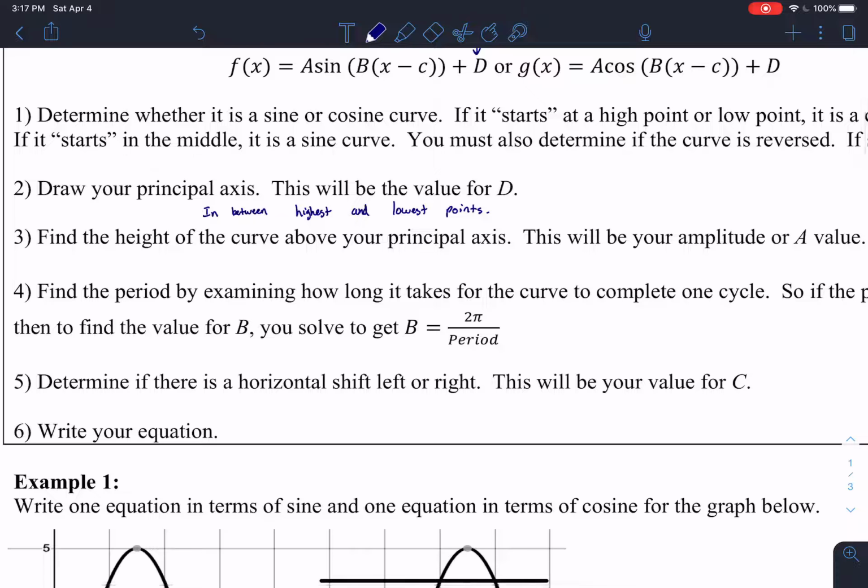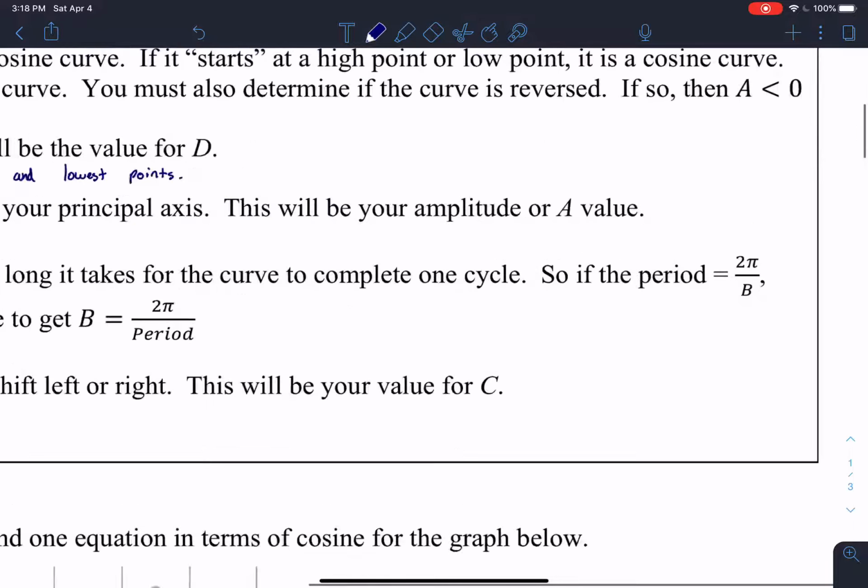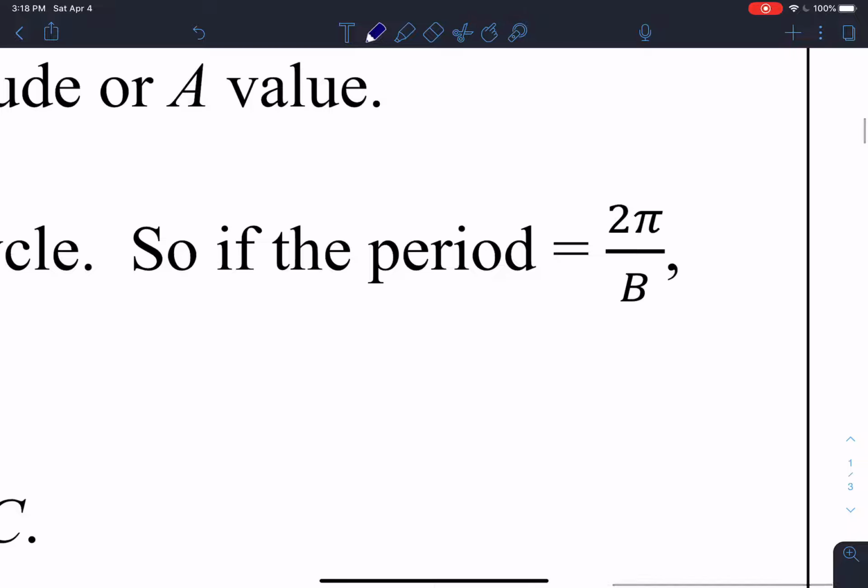Okay, and then number 4, to figure out the period. Up until this point, if we had the equation, we took the 2 pi and divided it by the b term, and that gave you the value for the period, the length of one cycle. Now if we're working backwards, I'm going to need the b value to write the equation.